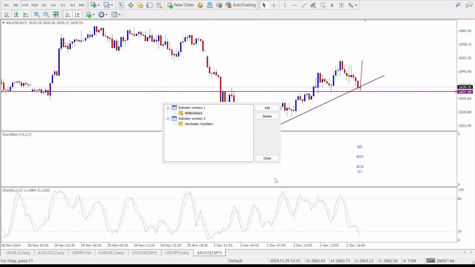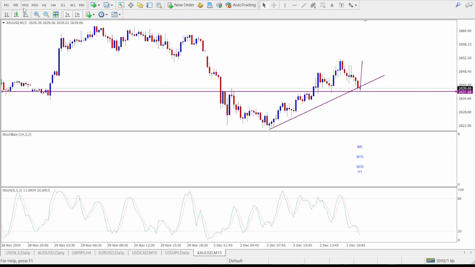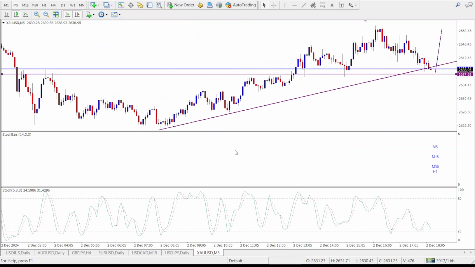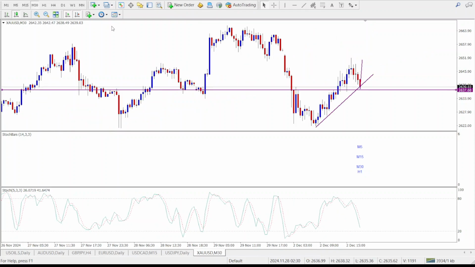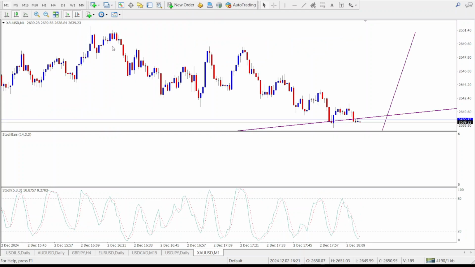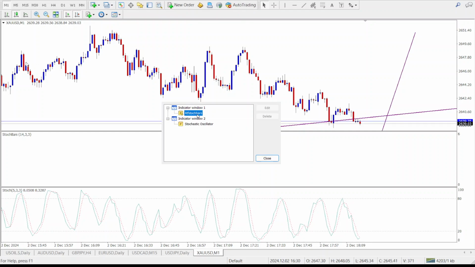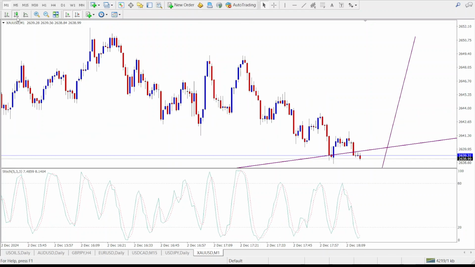I don't know why nothing is showing. Sorry, I'm just going to remove the indicator and put it again. I don't know why it suddenly stopped displaying.